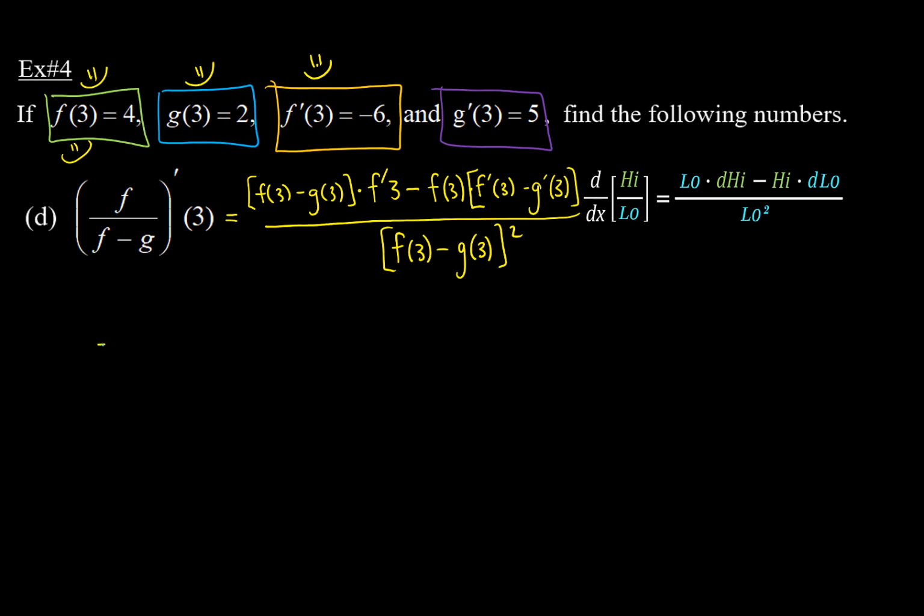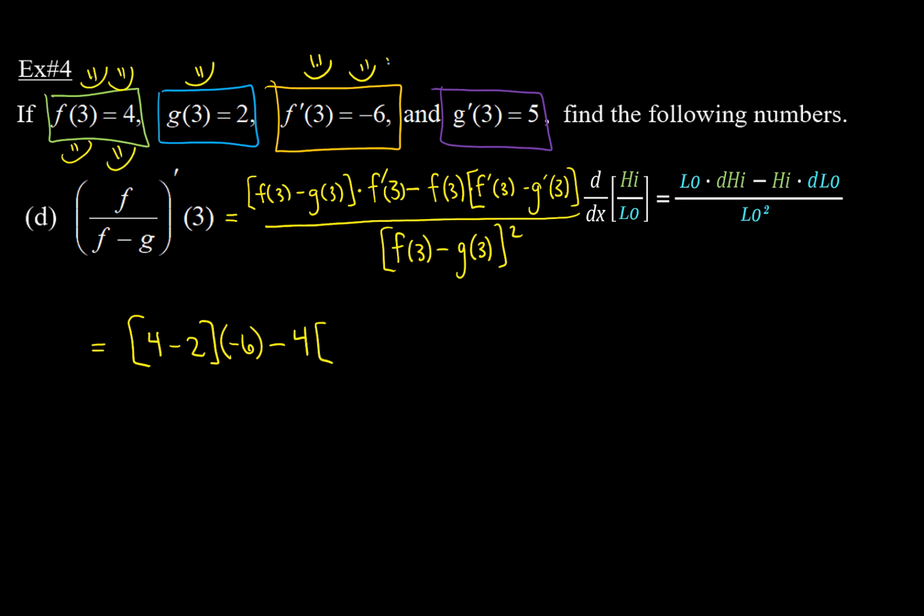All right, so let's plug those values in. F of 3 is going to give me 4. G of 3 is going to give me 2. And then I need to multiply that by the derivative of f of 3. And that's going to give me -6. And then I'm going to subtract from that f of 3, which is 4.